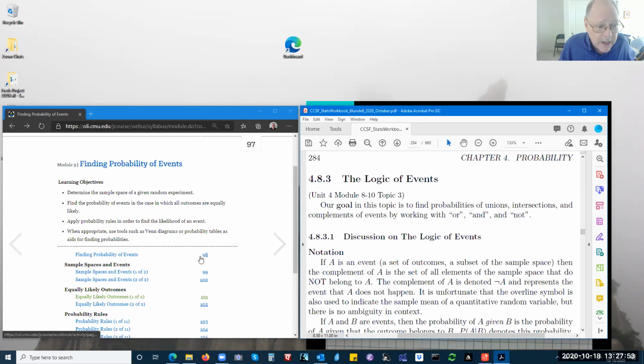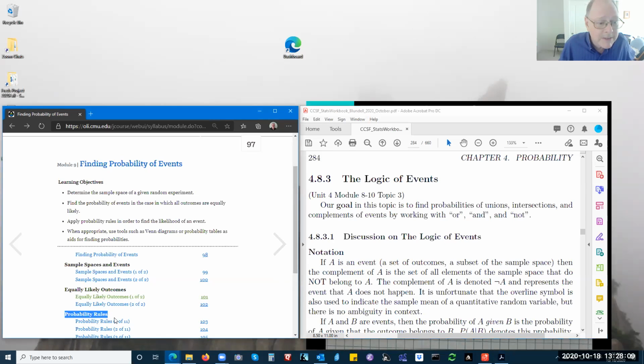So 98 through 102 in the OLI textbook corresponds to topic 2 in the workbook. And then topic 3 in the workbook picks up with this probability rules list on page 103 in module 9 in the OLI textbook.